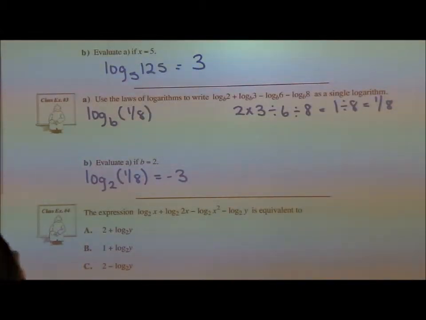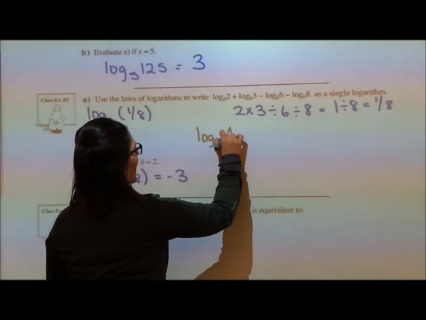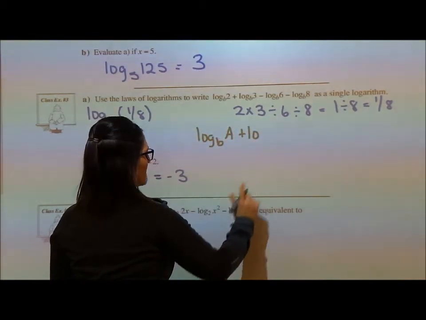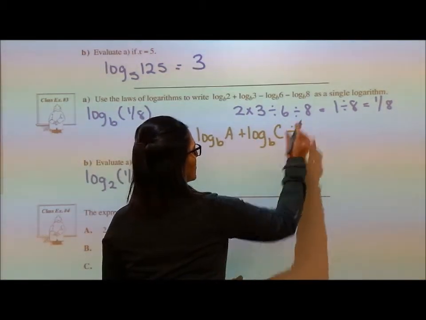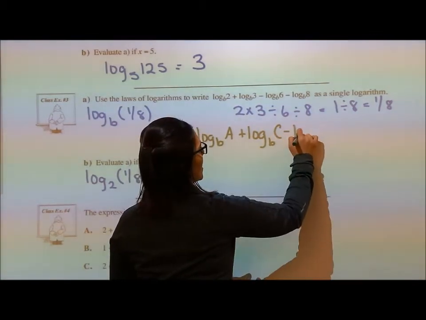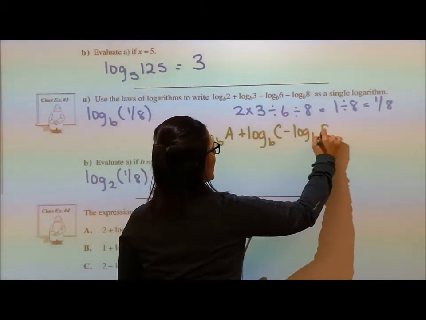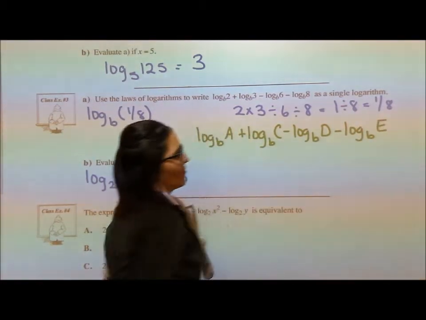Okay, I'm going to put kind of an addendum to this. Let's say instead of the numbers, I had log base b of a plus log base b of c minus log base b of d minus log base b of e.